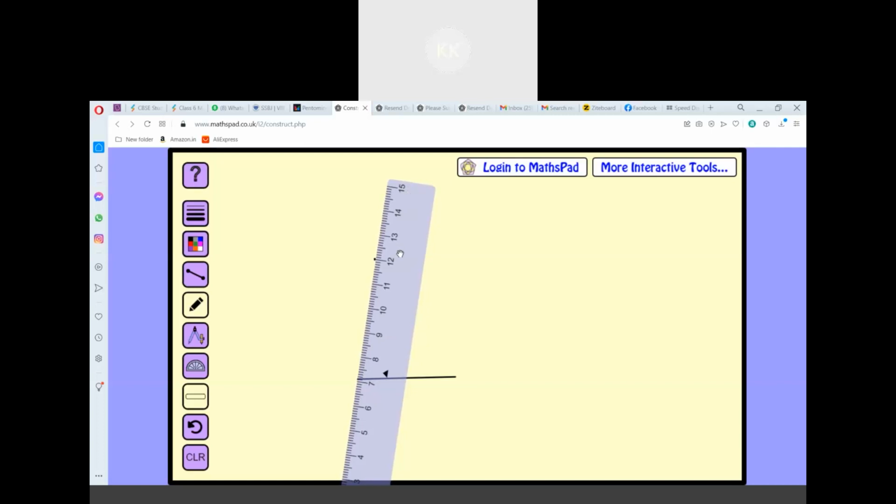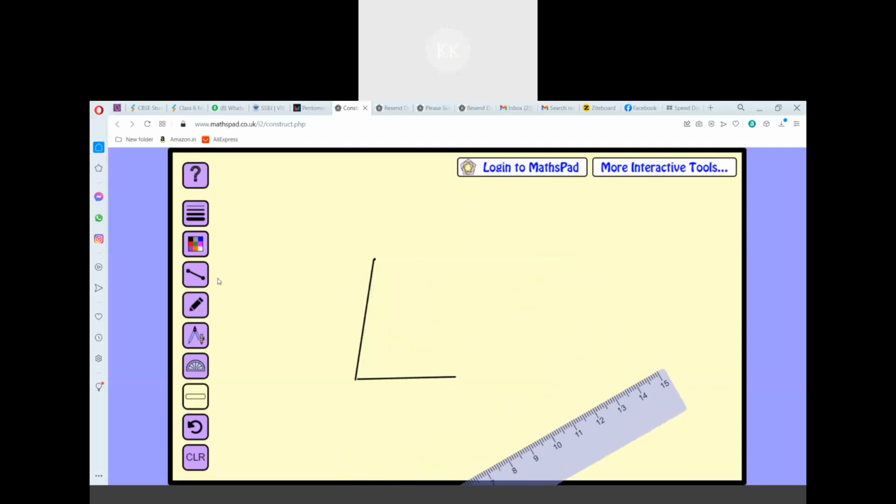Is it fine now? Let us join this. Still, it is not exact. You adjust with this here. This is our 80 degree. This angle is 80 degree. Suppose if I name this as A, B, and C, the angle formed by these rays AB and AC is angle CAB or BAC. This angle is 80 degree.